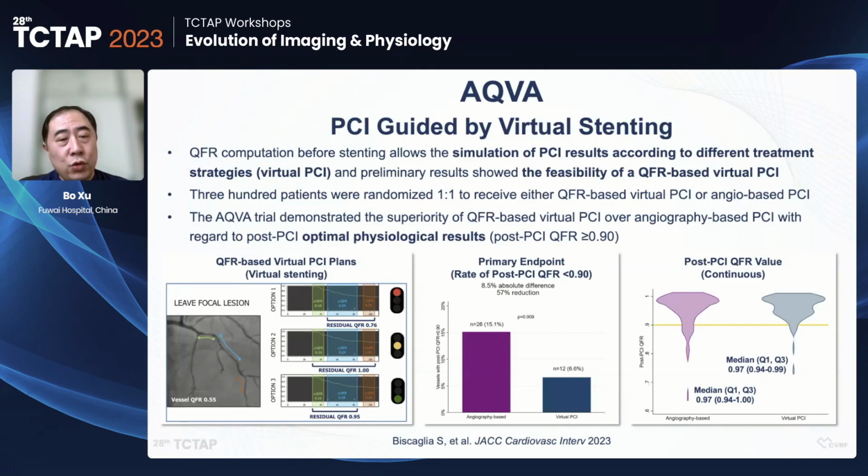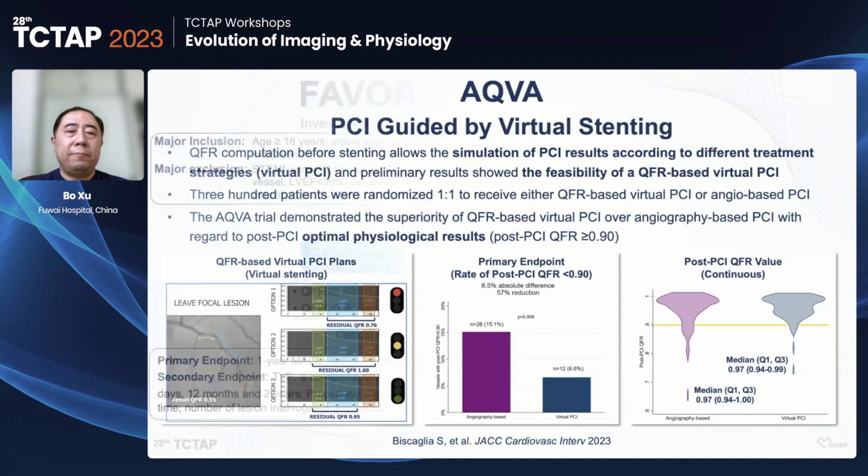The trial demonstrated a superiority of QFR-based virtual stenting over angiography-based PCI with regard to the post-PCI optimal physiological result, which was defined as post-PCI QFR greater than or equal to 0.90. I believe this is a very promising approach in the future. Obviously, a large-scale outcome randomized trial is needed.